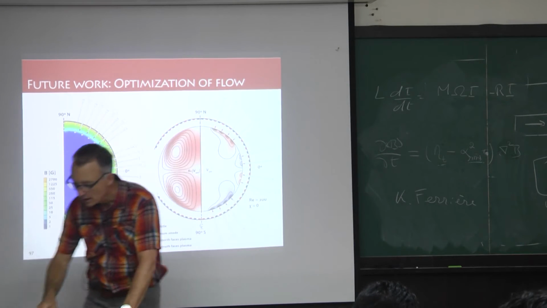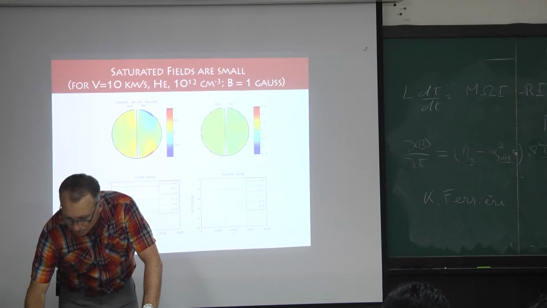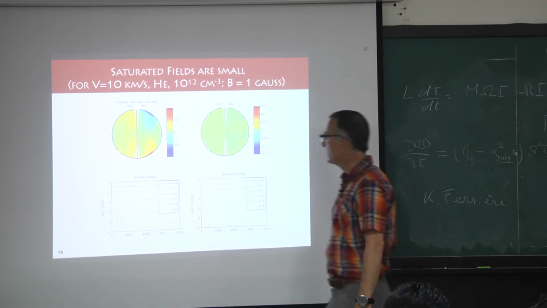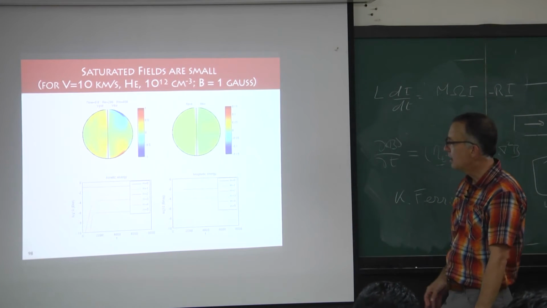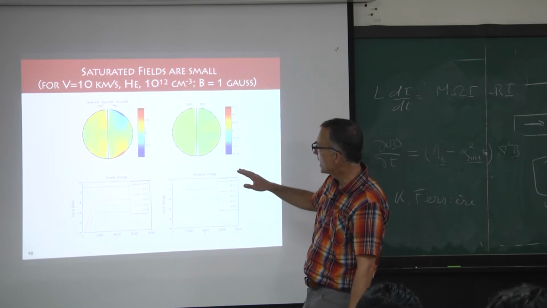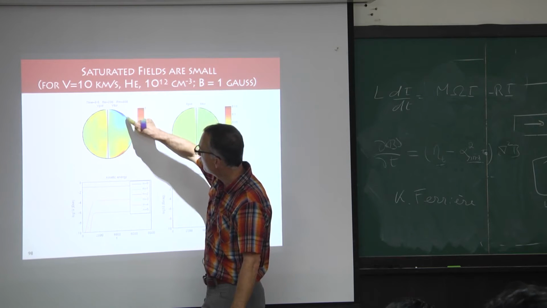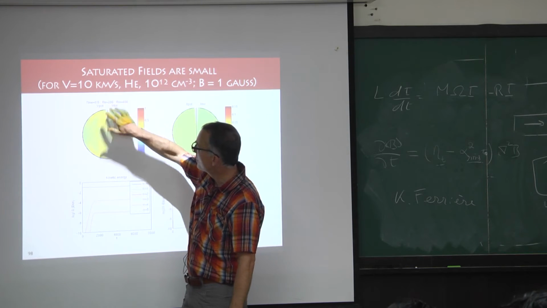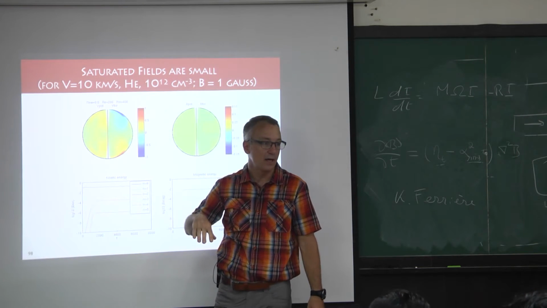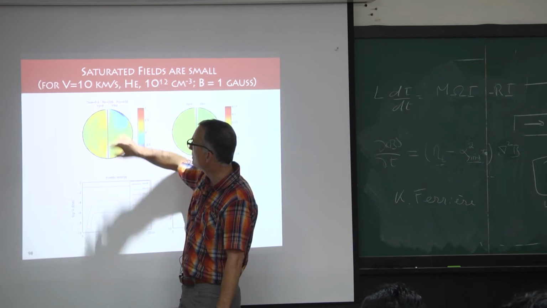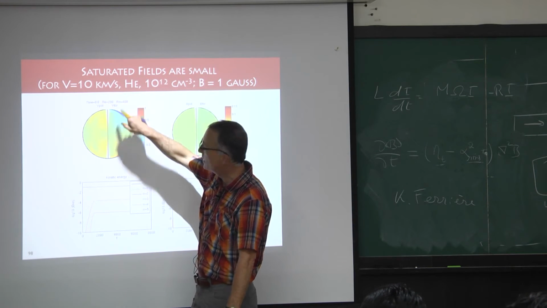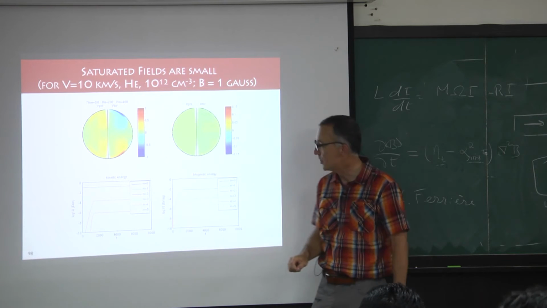Let me show you the sort of thing that will happen. This is a simulation of a very boring dynamo where we stir this hemisphere with the plasma parameters like the ones I've shown you, a relatively high viscosity plasma, Re of 200, magnetic Reynolds number of 400.